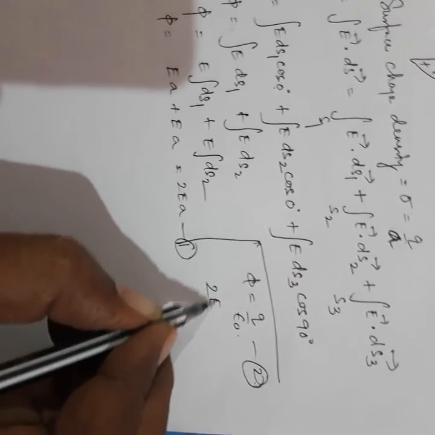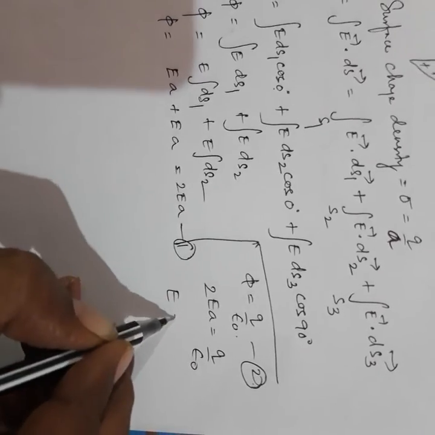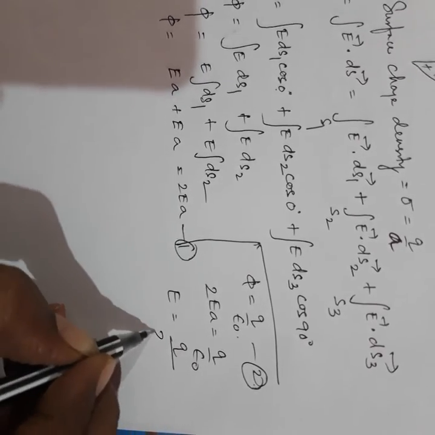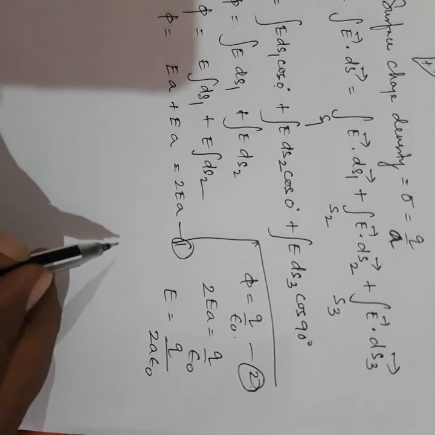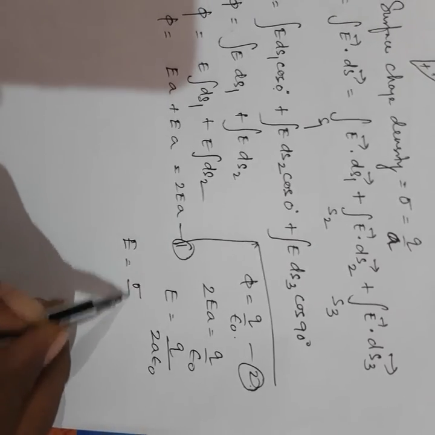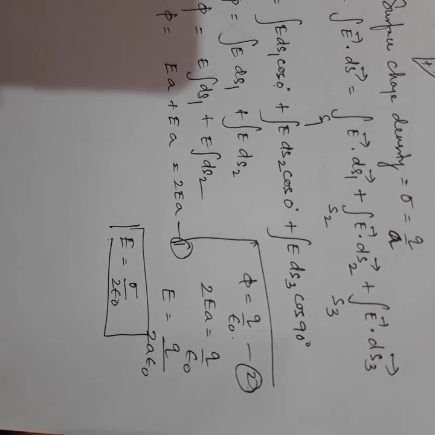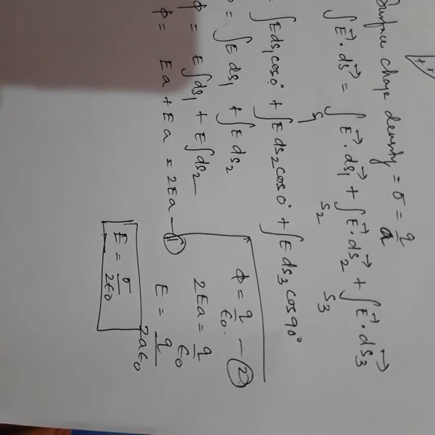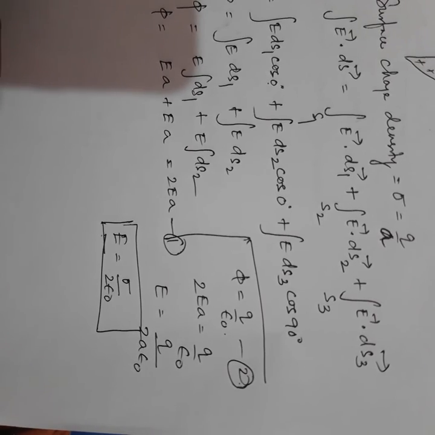Then 2EA is equal to Q by epsilon naught, or E is equal to Q by 2A epsilon naught, or E is equal to sigma by 2 epsilon naught. Now this is your electric field due to an infinite plane sheet of charge.